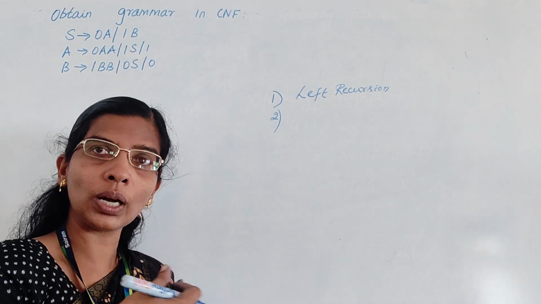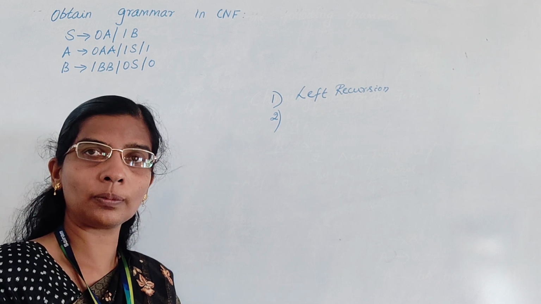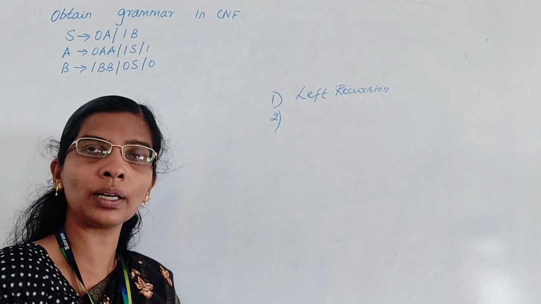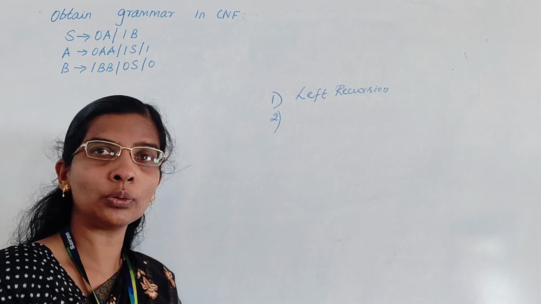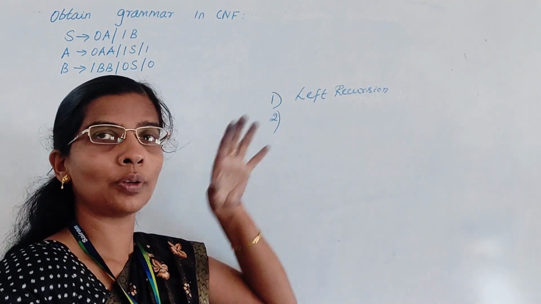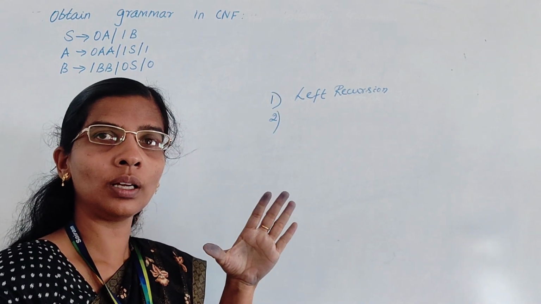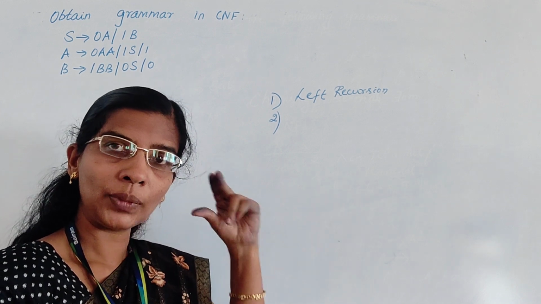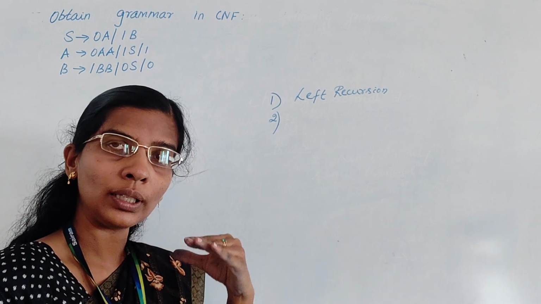With that answer, you have to do the next step. Just as we simplified the context-free grammar with epsilon and unit productions, same way. So first, if your grammar has left recursion, eliminate left recursion, you will get an answer. Keep this answer and go for the next step.